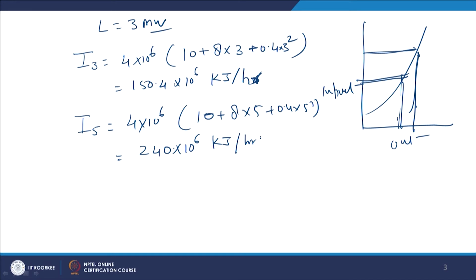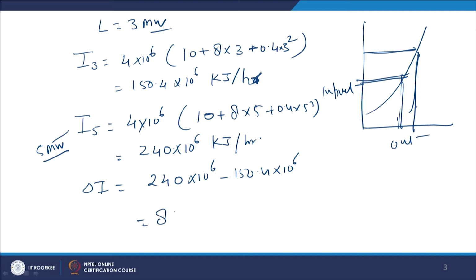Now we have inputs for both the cases, for 3 megawatt and for 5 megawatt. Now we can take the difference: delta I is equal to 240 into 10 to power 6 minus 150.4 into 10 to power 6, and it comes to around 89.6 into 10 to power 6 kilojoules per hour.